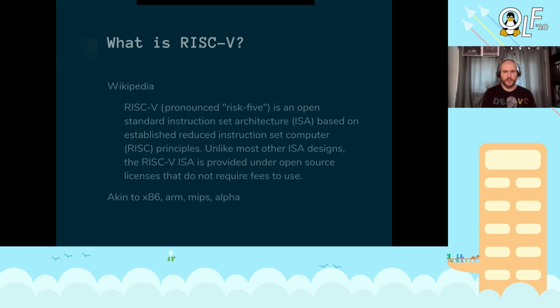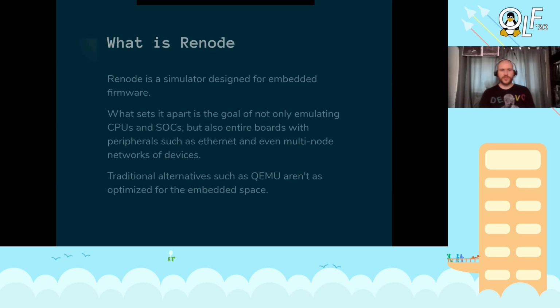I just saw they released a dev board for a PC in RISC-V a couple of days ago. So it's a very nice orthogonal instruction set to learn on, and it's probably going to be the future.